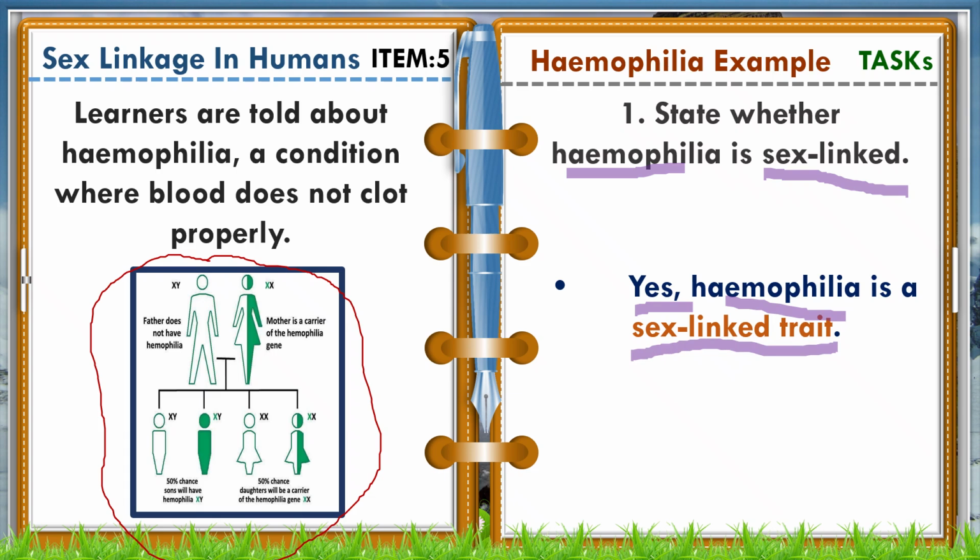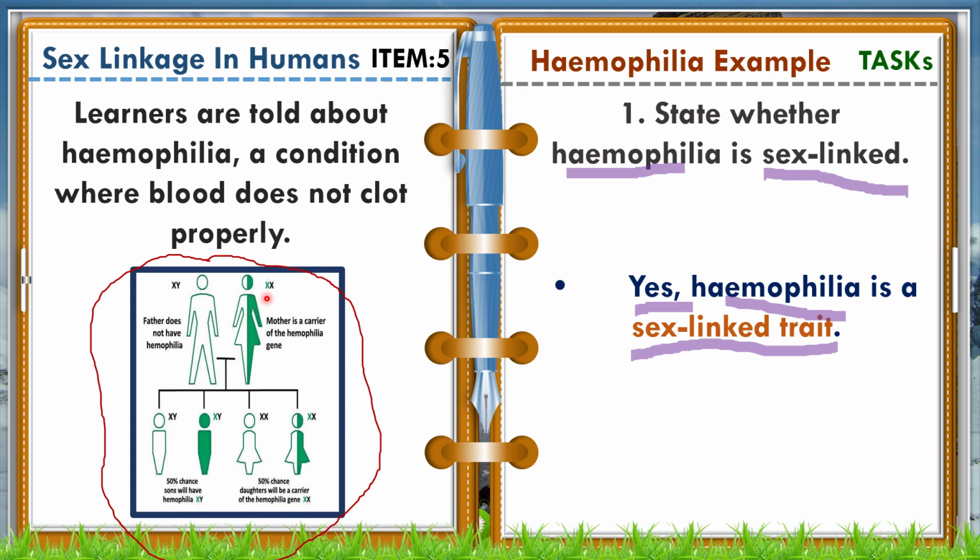So let us try to look here. If we look on our diagram, we can see we have the father who does not have hemophilia, X, Y. And we have the mother here who is a carrier of the hemophilia gene.